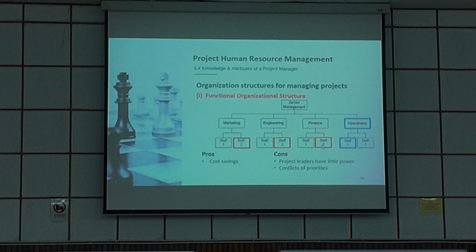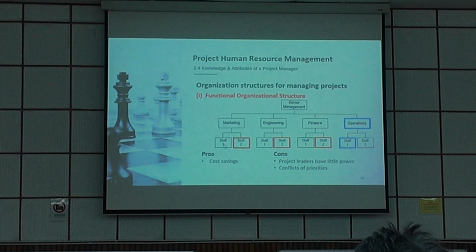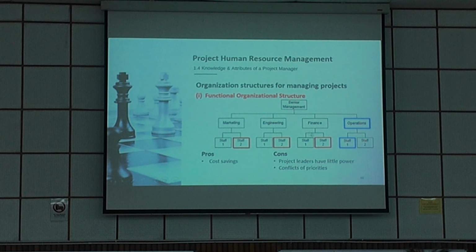These three may not be cooperative because it is not their main priorities. This one's priority is to do marketing job, this one is to do engineering job, this one is to do financial job. Transfer equipment to new office is not the staff's regular job.